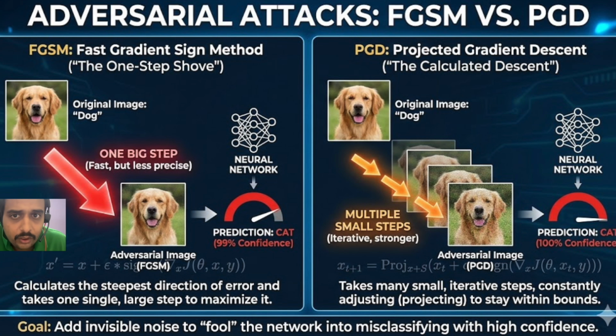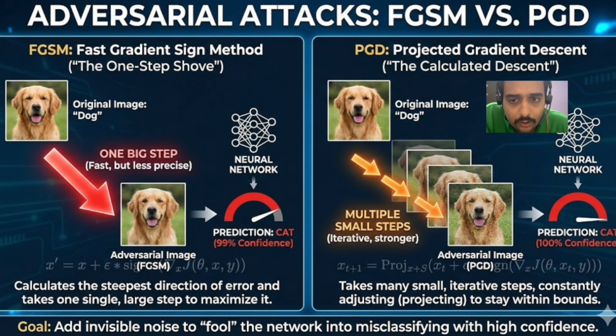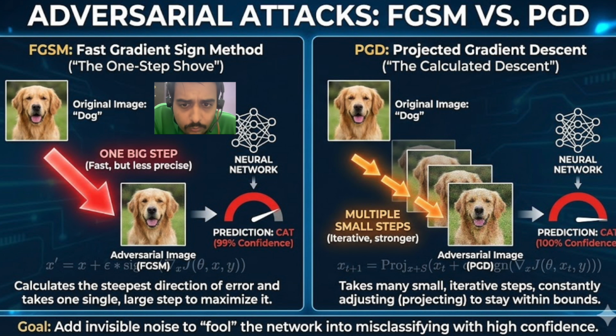There are two types of attacks actually. One is the FGSM attack, which is known as the fast gradient sign method. The other is the PGD, projected gradient descent method. The first one, FGSM, we can think of as taking one big jump.